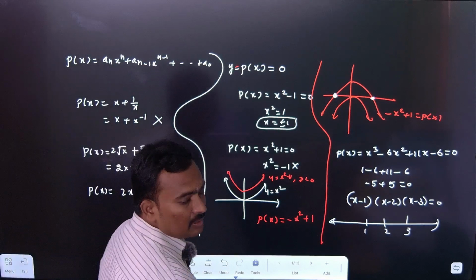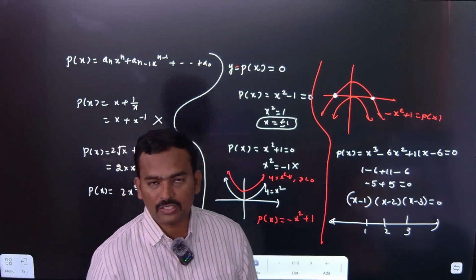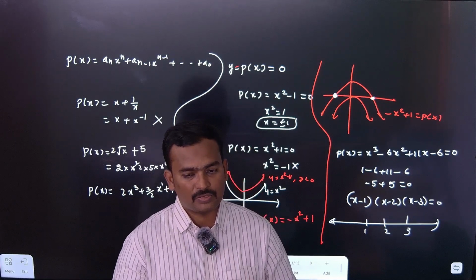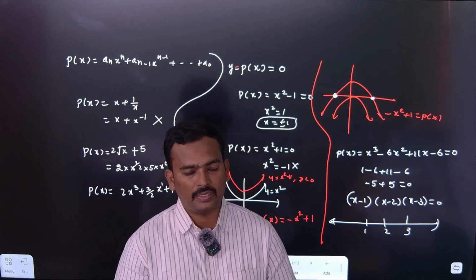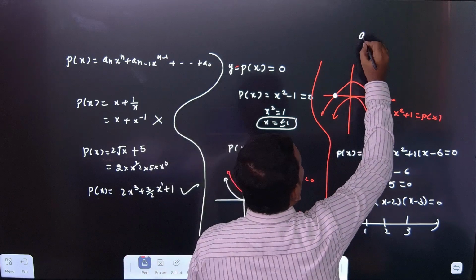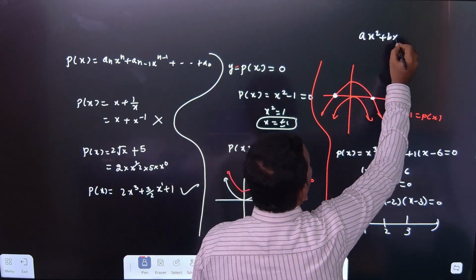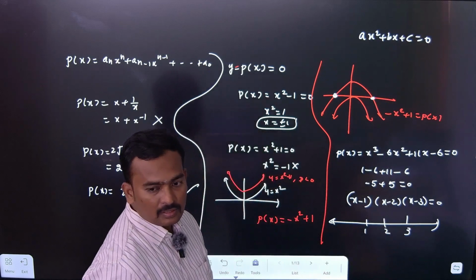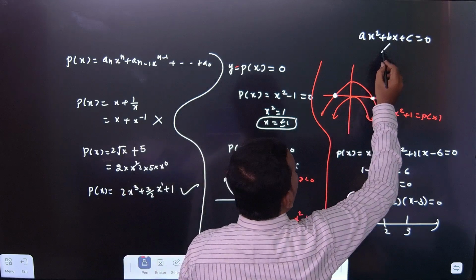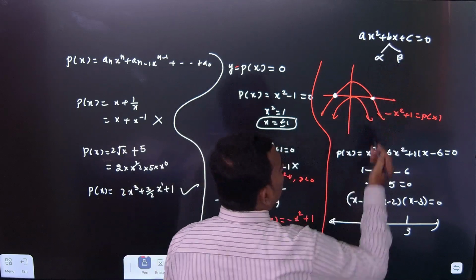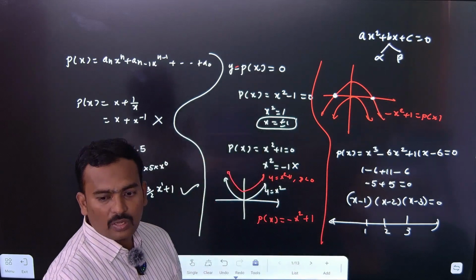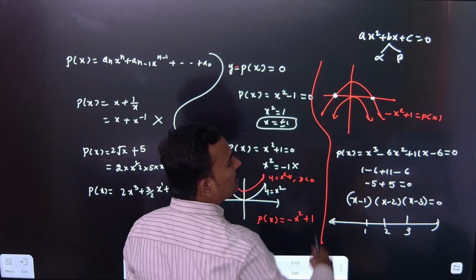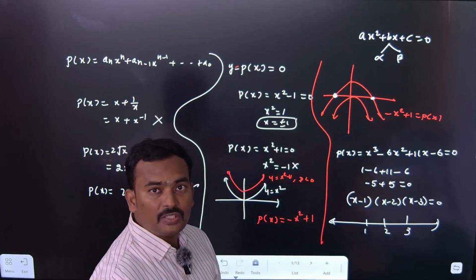Then we can see, if you have quadratic equations or cubic equations, whatever it is, suppose you consider the quadratic equation ax square plus bx plus c is equal to 0, right? Suppose the roots are alpha and beta, right? Then what are the roots of that? Alpha is a root of the equation, meaning definitely it satisfies the equation.